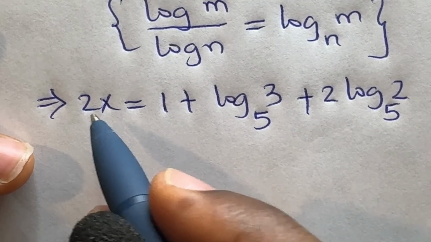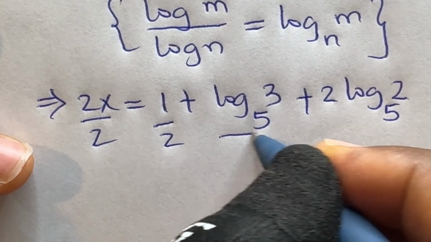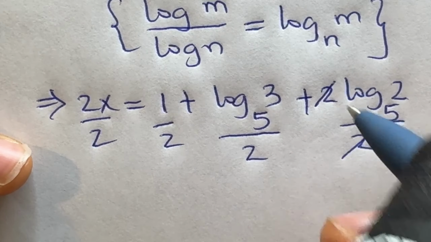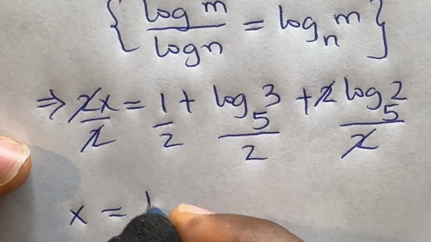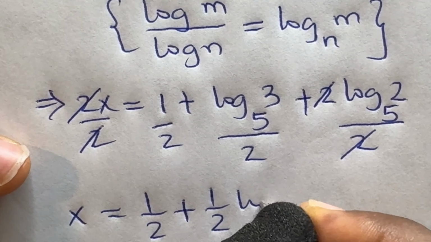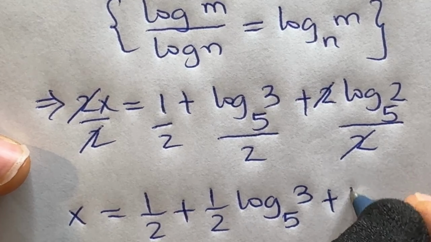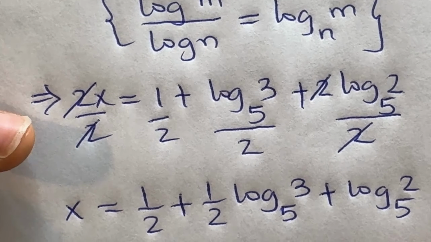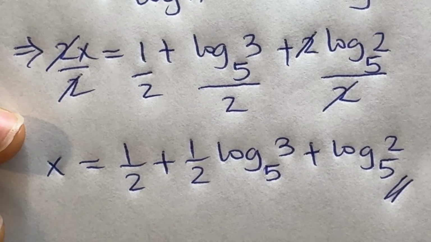So in order to now solve for x, we'll divide through by 2. This will get rid of this. This cancels this. So x is equal to 1 over 2 plus 1 over 2 log 3 base 5 plus log 2 base 5. This is the final answer for this problem.